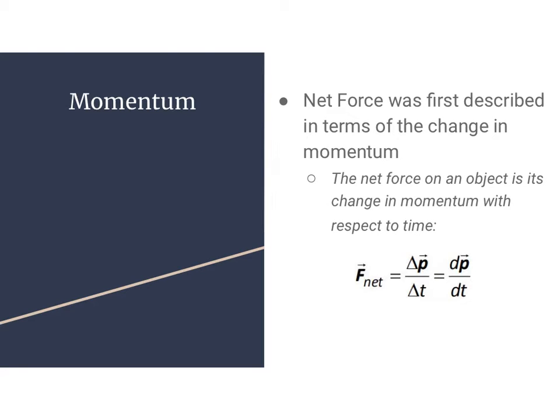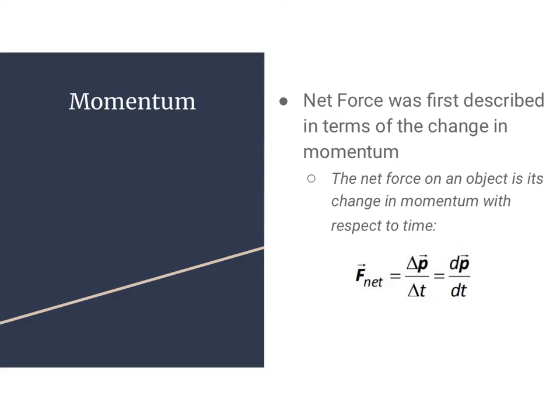Now, this idea of momentum was actually how Newton first described force. And so it was actually described in terms of the momentum. He said that the net force acting on an object was equal to the change in momentum per unit time, or the rate of change in momentum.